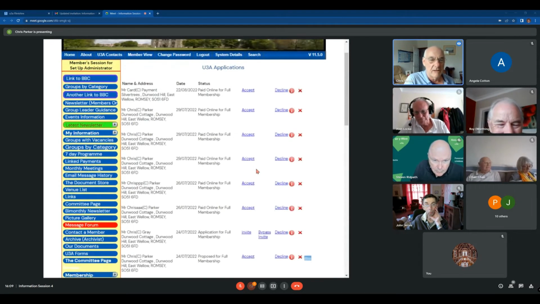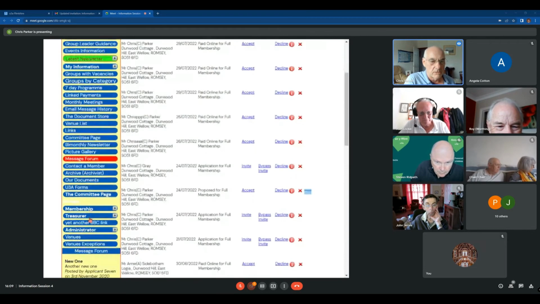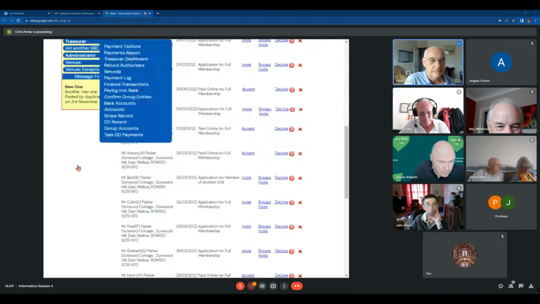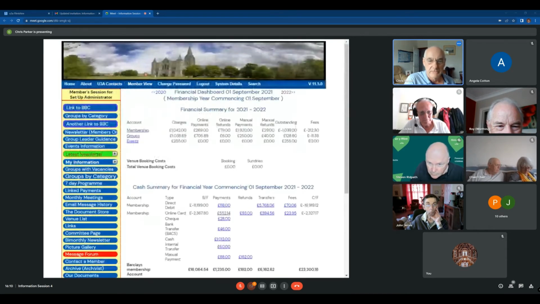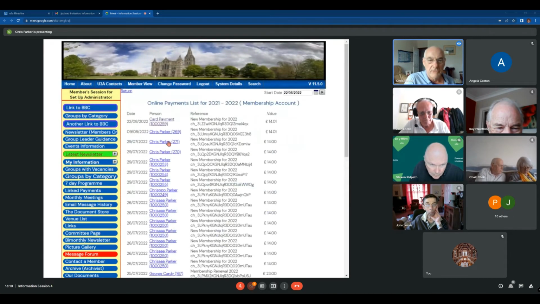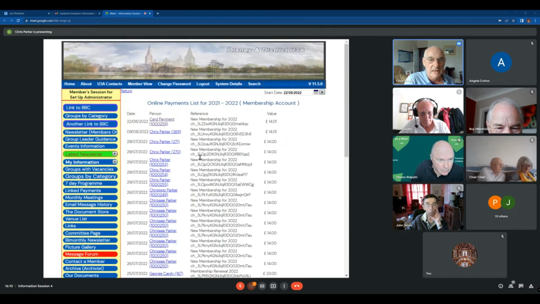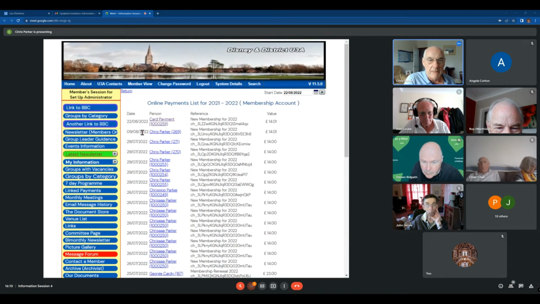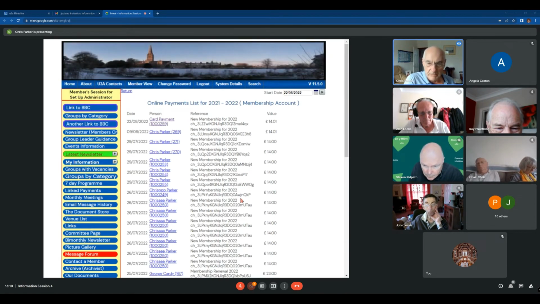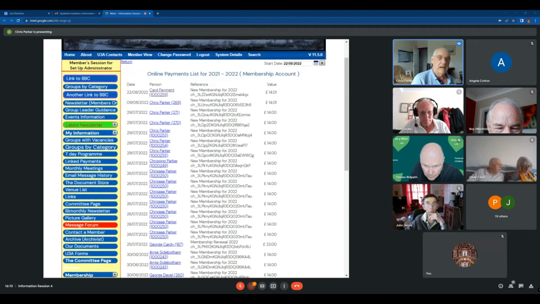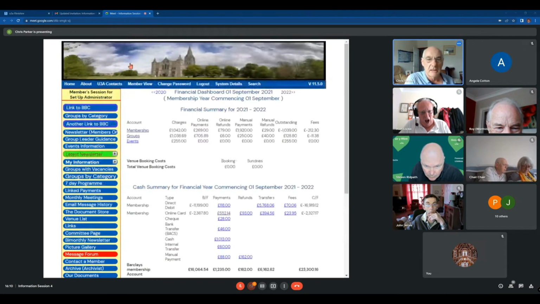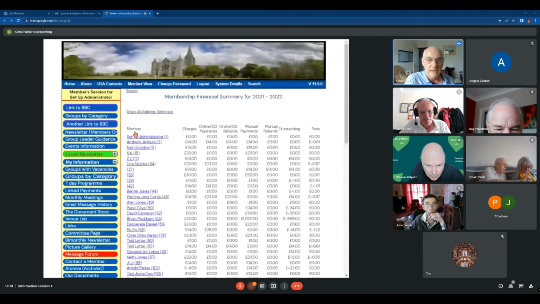Right. So now if we went back into the Treasurer's dashboard, number 251 is actually gone now. So they're no longer in this list here. They'll now be whatever membership number they've been given. They'll now be in there properly, and they will now also be in the membership list at the top as well.